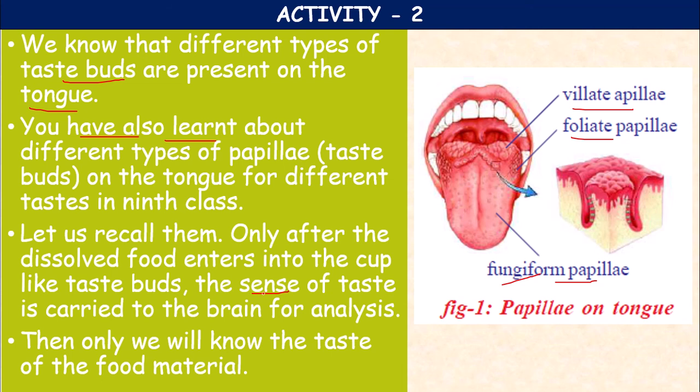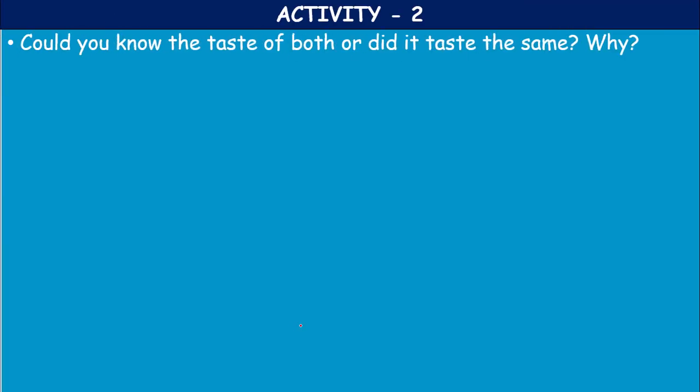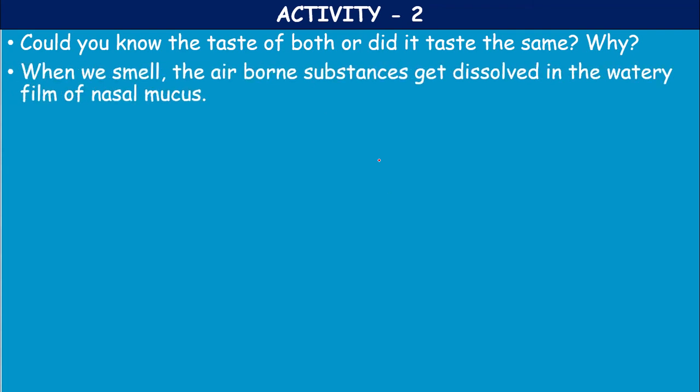The gustatory receptors, the taste receptors, okay, the sensory nerve, the gustatory nerve carries the information of the taste to the brain, and there it is analyzed and we recognize the taste. Okay? So could you know the taste of both, or did it taste the same? Why?